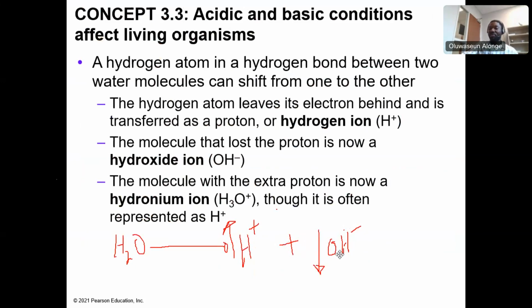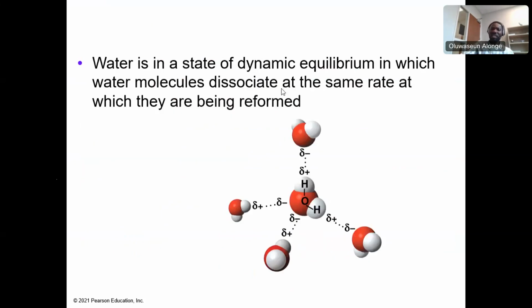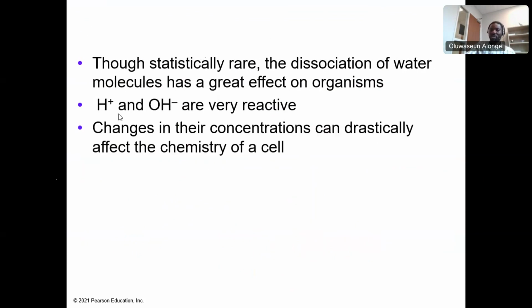However, there are some segments of our system that help to neutralize acidity, just the same way we talk about homeostasis. So water is in a state of equilibrium in which water molecules dissociate at the same rate as they are formed. That is what I just showed you.